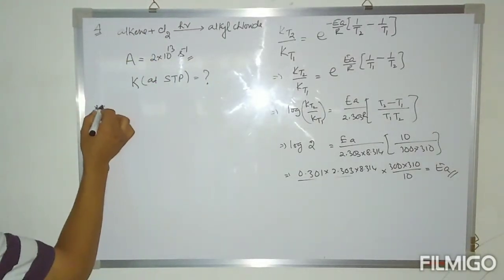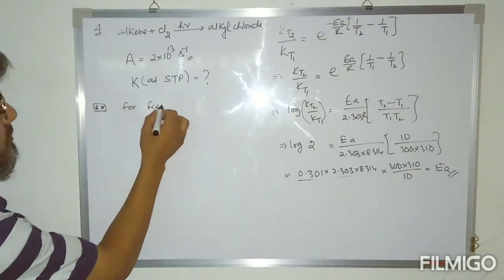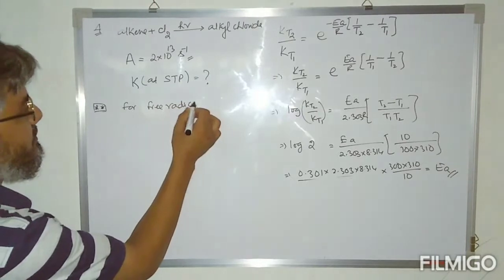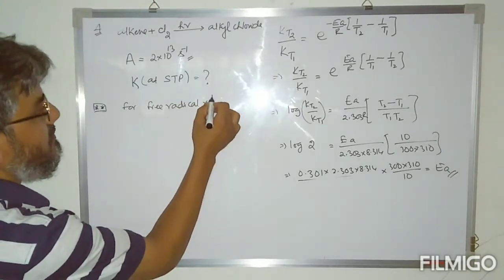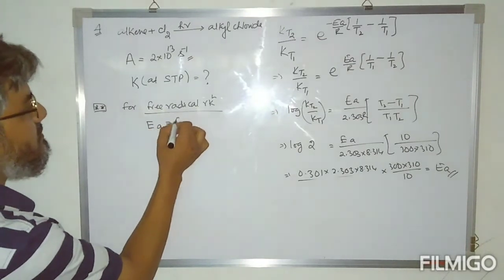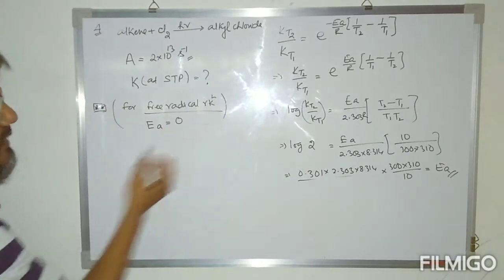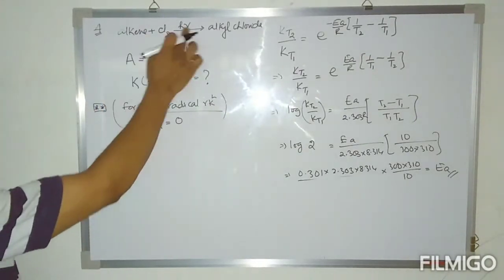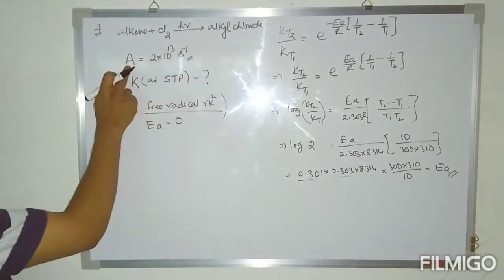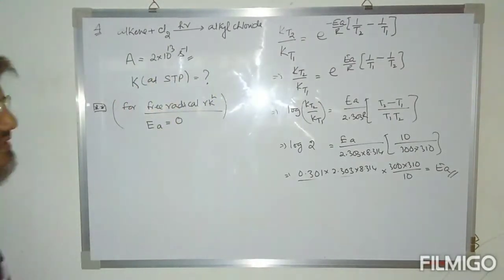So, the point to be noted is, for a free radical reaction, activation energy is always 0. So this thing you have to keep in mind. So the reaction is a free radical reaction. A is given, we have to find the value of rate constant at standard temperature and pressure condition.